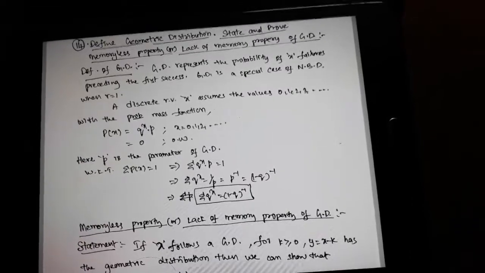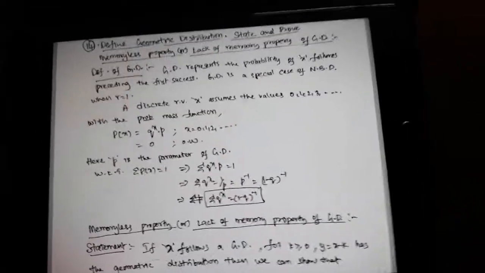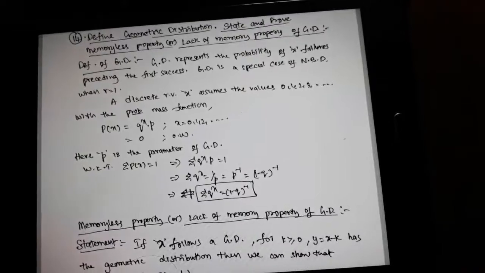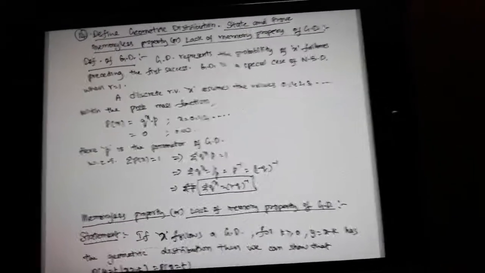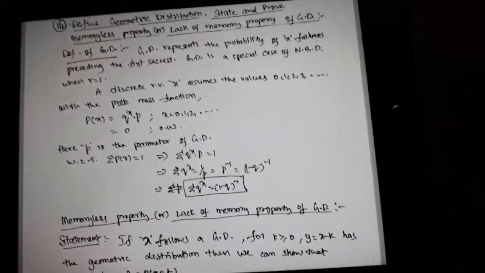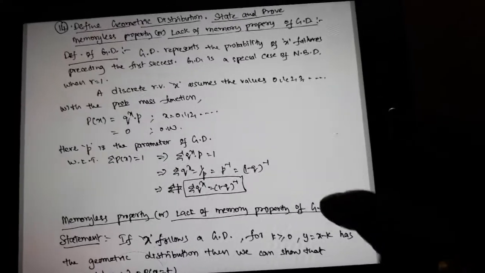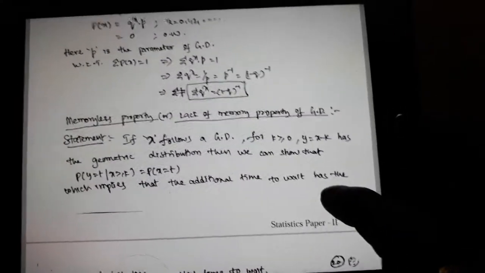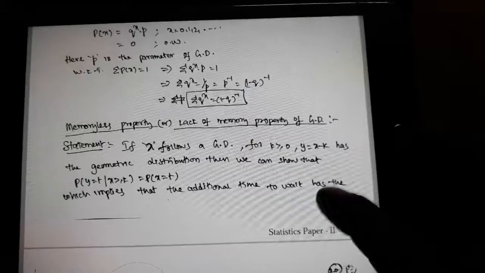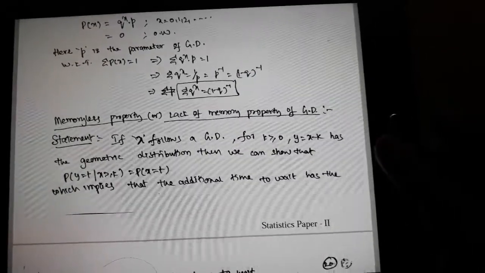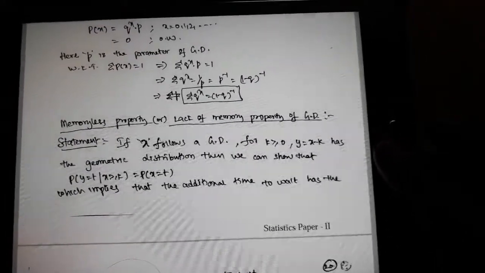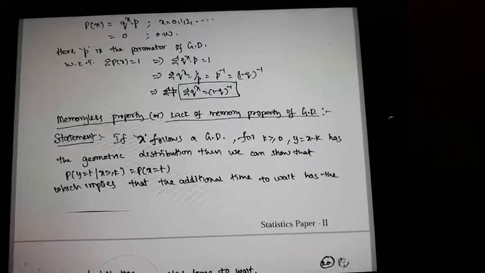P(x) is q power x into p, x starts from 0, 1, up to infinity. Summation P(x) is 1. Basing on that, go through it. Memoryless property or lack of memory property of geometric distribution: first the statement is, if X follows geometric distribution, for k greater than or equal to 0, Y equal to X minus k is also geometric distribution.